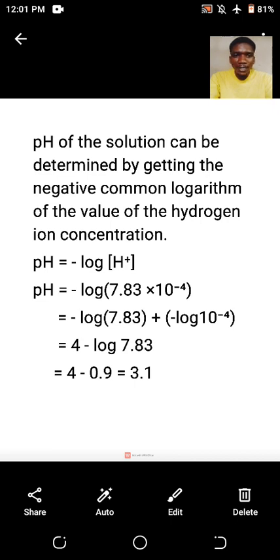From our logarithm, minus log 10 raised to the power of minus 4 is equivalent to 4. Therefore, we have 4 minus log 7.83, which is equal to 4 minus 0.9, because log 7.83 is equal to 0.9. Therefore, 4 minus 0.9 is equal to 3.1.